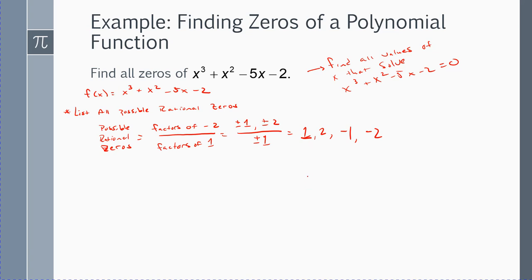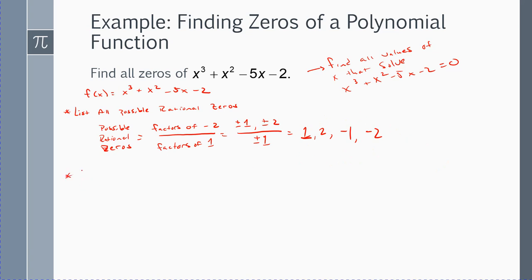So now, here's the thing. What you have to do now, this is where it gets a little confusing. I don't know which of these is the actual rational zero.